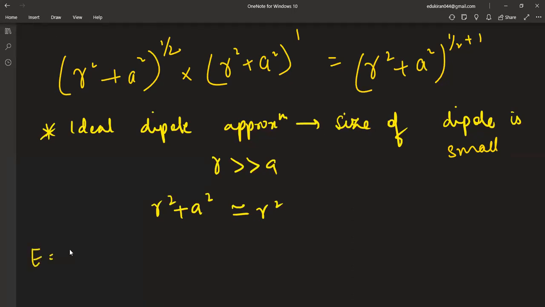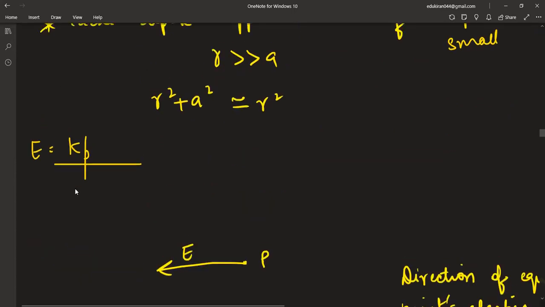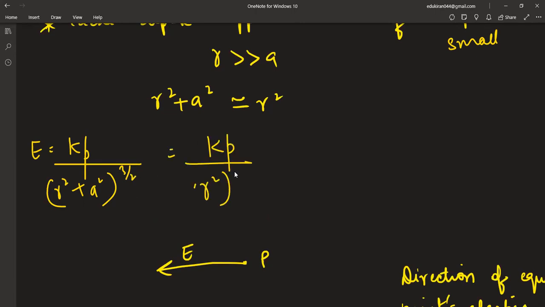So the entire formula kp by (r square plus a square) to the power 3 by 2, kp is there. This term I'll write as (r square) to the power 3 by 2, so this 2 will be cancelled. Electric field is minus kp by r cube.